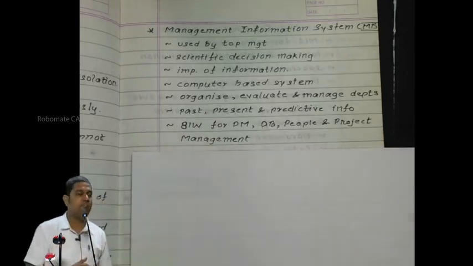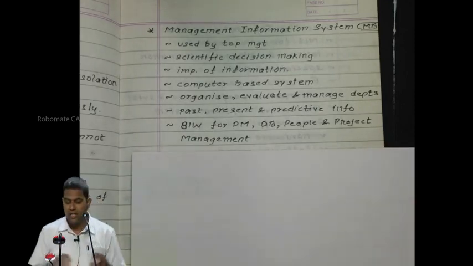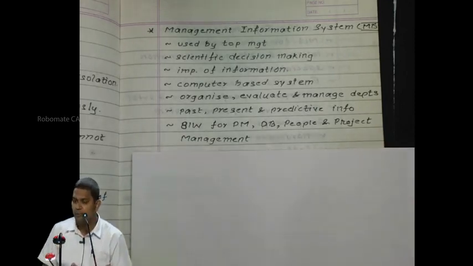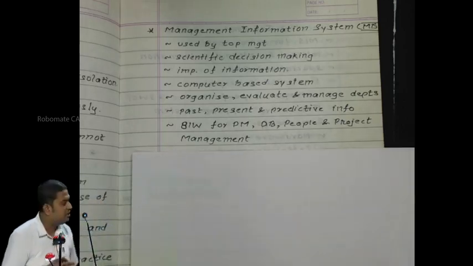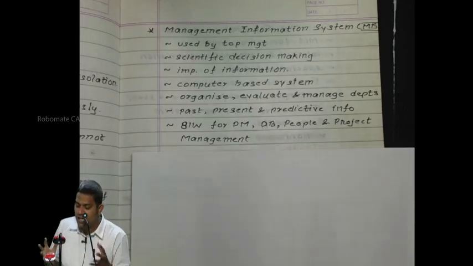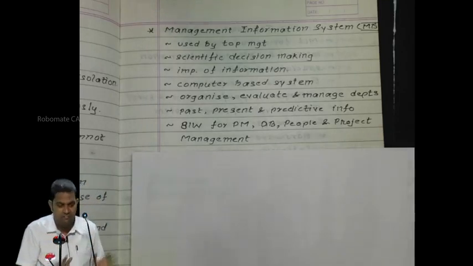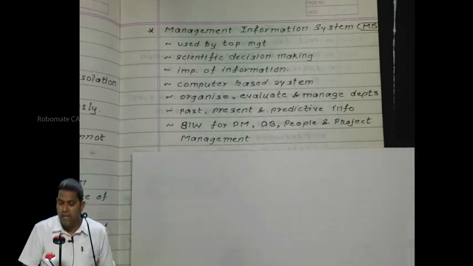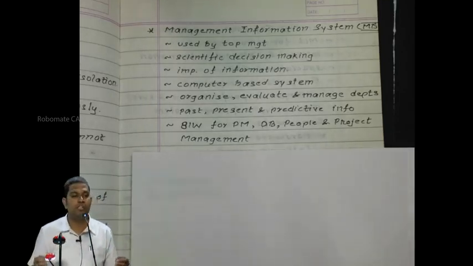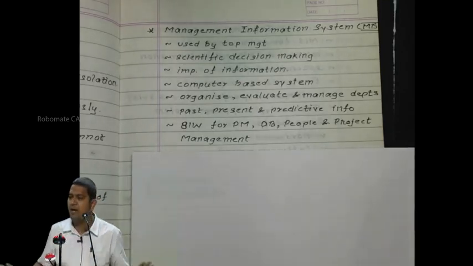For such scientific decision making, you require information. That's the importance of information for the management. So a management information system is a computer-based system which will organize the information, and evaluate it. Evaluate means check whether the information is right or wrong. And it gives this information to the top level management so that they can manage the various departments.